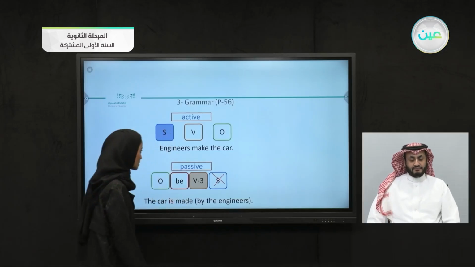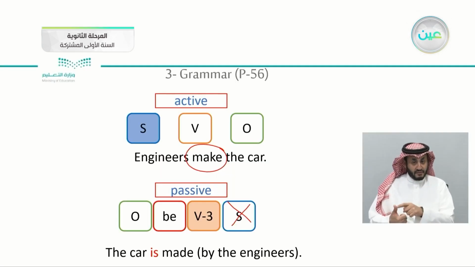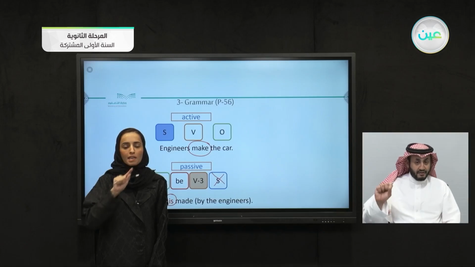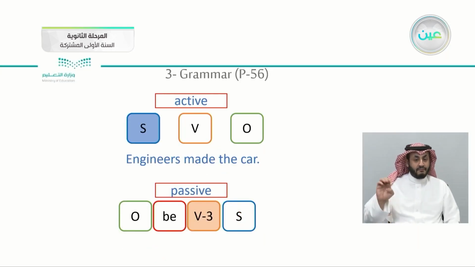Let's notice this verb make is in the present tense. That's why I have used is in here, verb to be in the present. And this is the difference between all the tenses, the present, past, or future. The verb to be will make the difference. What about if I am going to speak in the past?